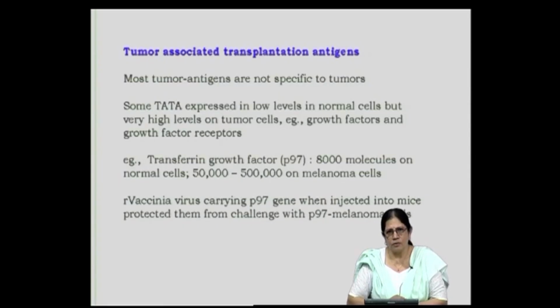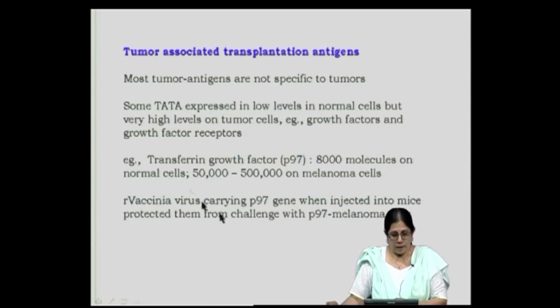It is similar in the case of other growth factors like epidermal growth factor. An increase in the number gives the cell an advantage of picking up even a small number of ligands. Normal cells would of course require many more molecules to be able to effectively pick up those that are required for their metabolism.